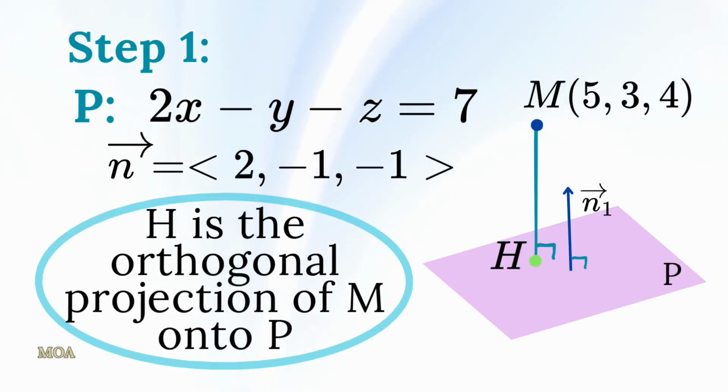Now, let us begin solving the problem, in which we consider a given point M with coordinates 5, 3, 4, and a plane P defined by the equation 2x minus y minus z equals 7. Knowing that H is the orthogonal projection of M onto P, it is clear that the normal vector of the plane P is defined by the three components 2, -1, -1.